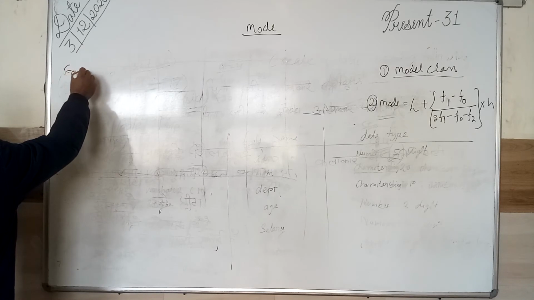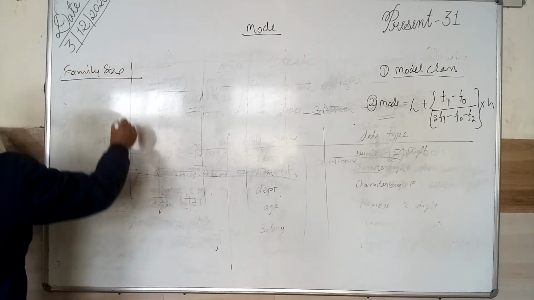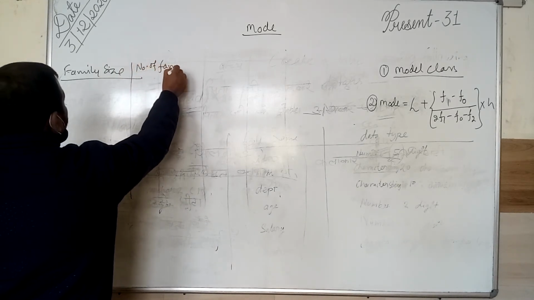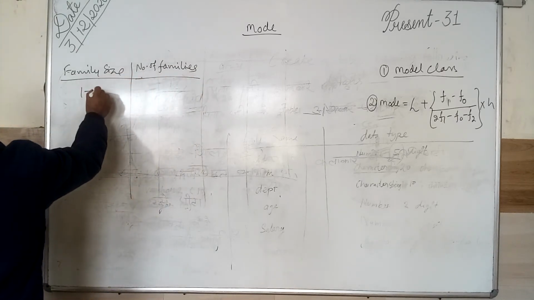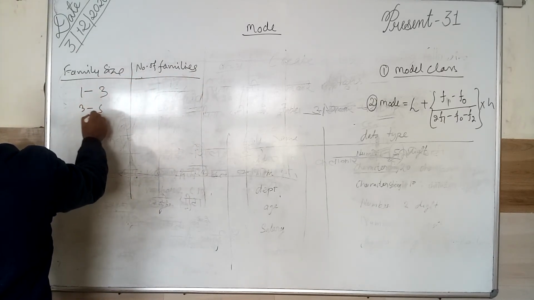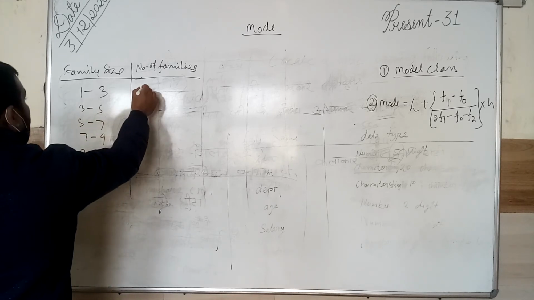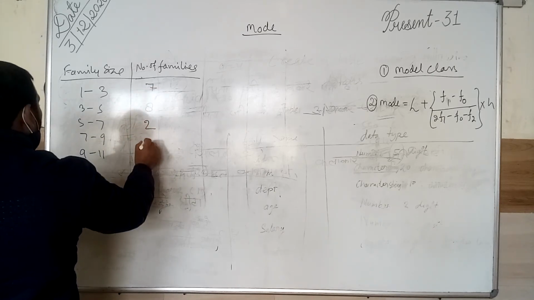The family size is given and the number of families is given. Family size 1 to 3, then 3 to 5, 5 to 7, 7 to 9 and 9 to 11, and the frequencies are 7, 8, 2, 2 and 1.